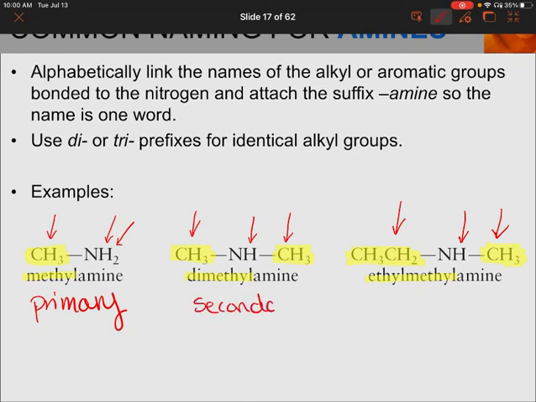Secondary. It's bonded to two alkyl groups. And then what about our last example, ethylmethylamine? How would we classify that? Also secondary. Bonded to two groups, ethyl and methyl.